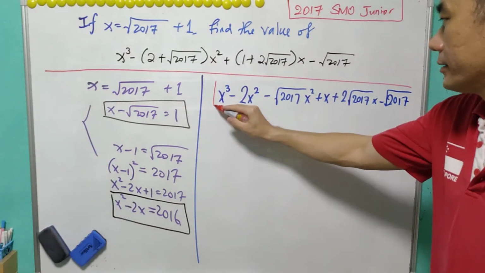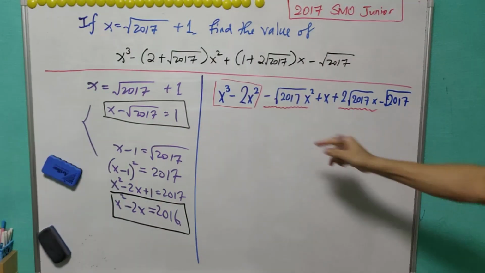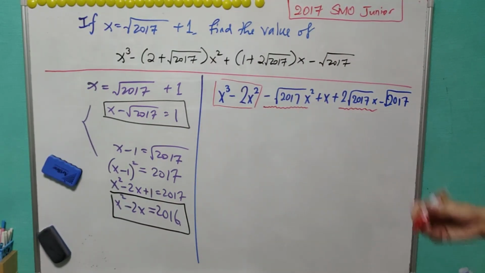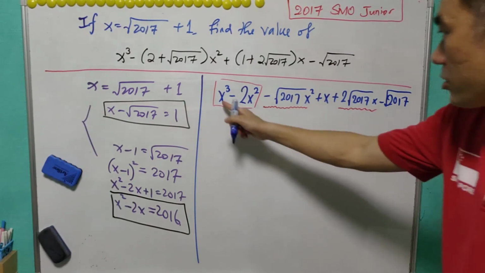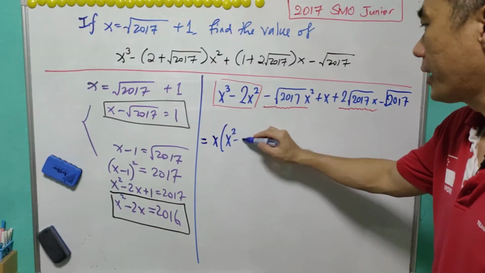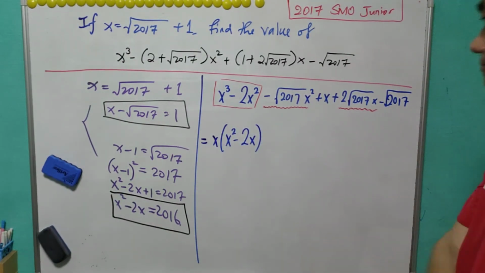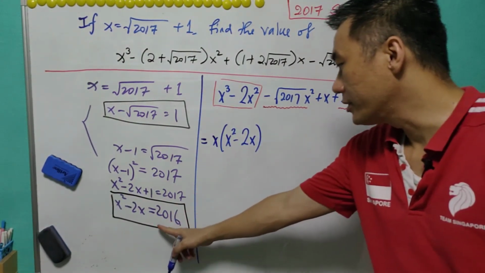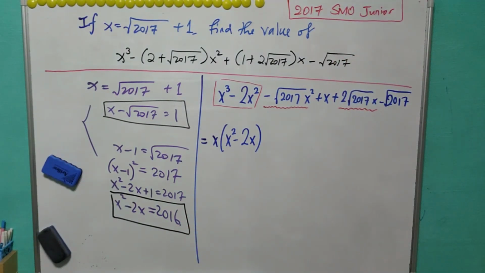We'll combine the first two terms, and we combine the third and the fifth terms. So the first two terms will give us x squared minus 2x, and later on, we can use this as 2016.